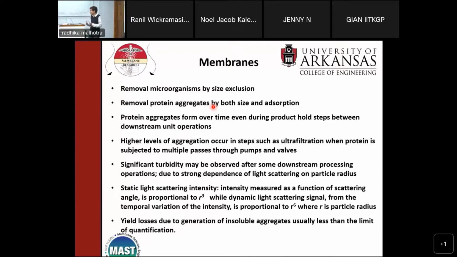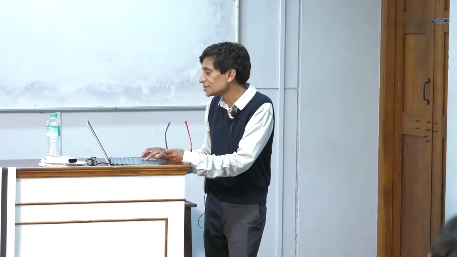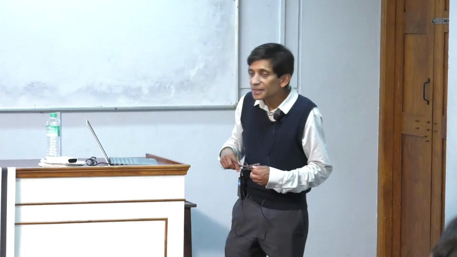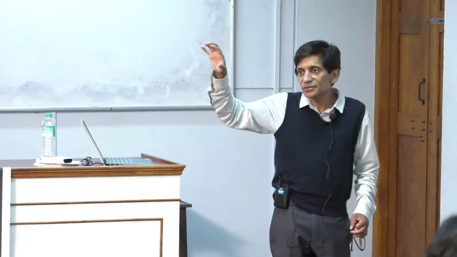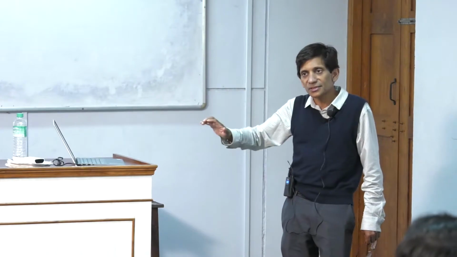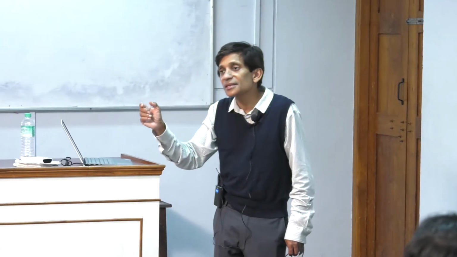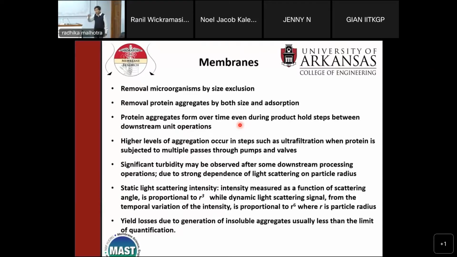Something is wrong. Protein aggregates form over time during product hold steps between unit operations. So you remember that diagram I showed you, the various unit operations? Remember, these are fragile proteins going through this process, and typically it takes more than 1 day, because sometimes one of these operations takes 1 shift. So it may be a chromatography column 1 shift, a polishing step the next shift.